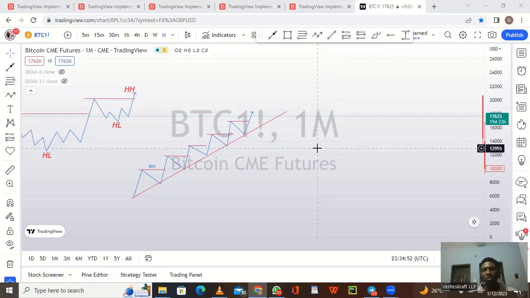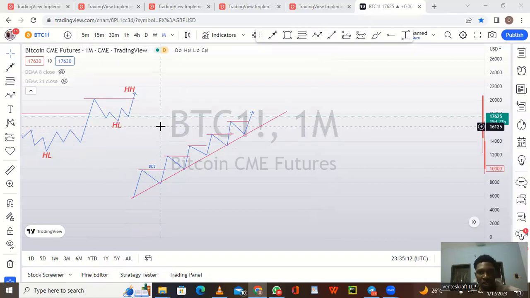In the previous video, we talked about the basics of market structure. Here we discussed the type of movement we expect to see in the market: a market can either be in a bullish move, a bearish move, or consolidating. We looked at the criteria to identify a bullish market as well as a bearish market.